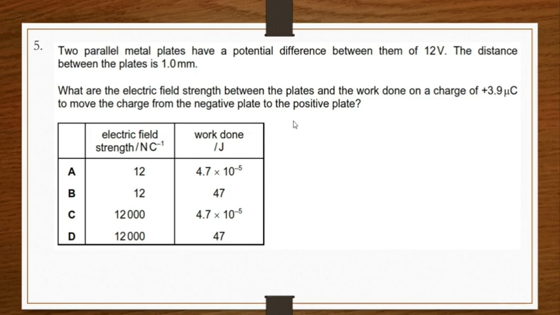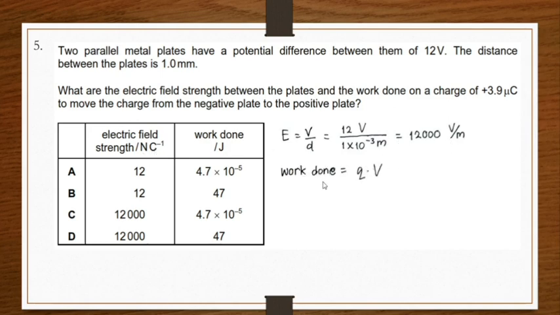We'll just have to memorize the equation that E is equal to V over D, and that V is 12 volt. D is 1 times 10 to the minus 3 meters, so you get 12,000 volt per meter. The unit of electric field strength can be volt per meter or Newton per coulomb. That will be the same.